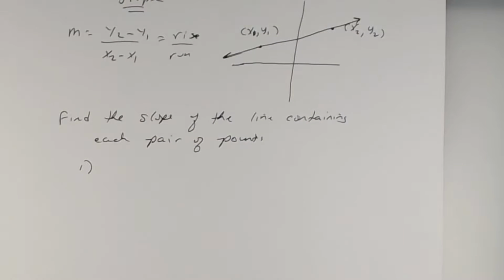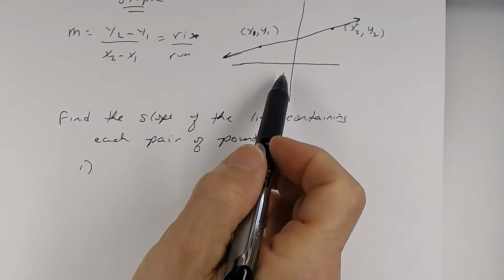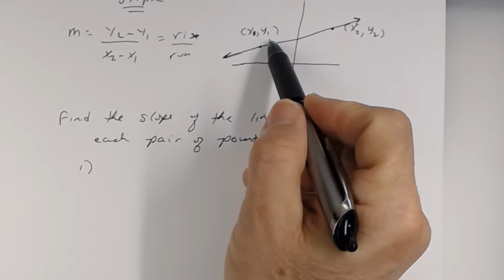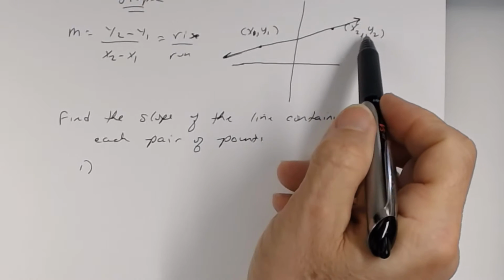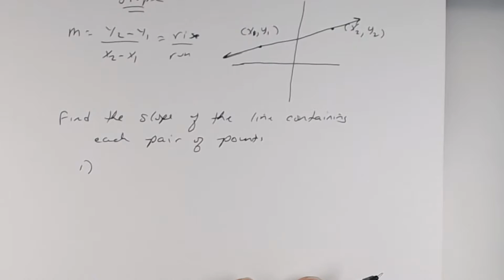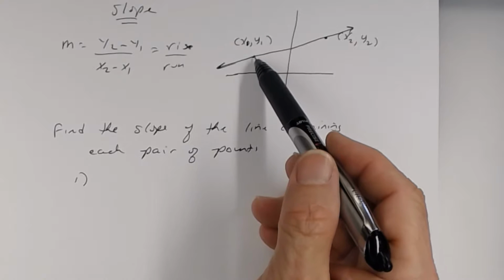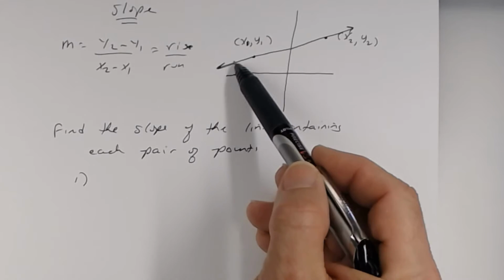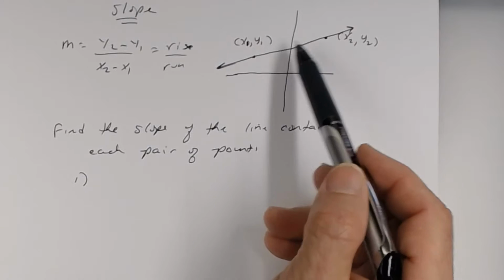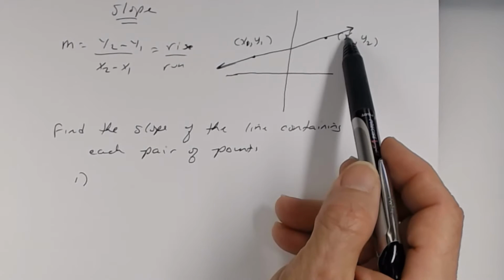This is x1, y1, and this is x2, y2. So remember last semester when you first started about this, we used that notation, x1, y1. That represented your first point, and the subscripts, the 2's represent the second point.